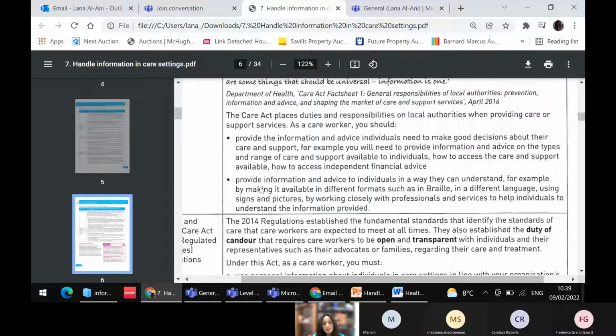Also, provide information and advice for individuals in a way that they can understand, for example, by making it available in different formats. Not all the information could be understood. Some of it is jargon, for example, the doctor will have lots of information about this person.